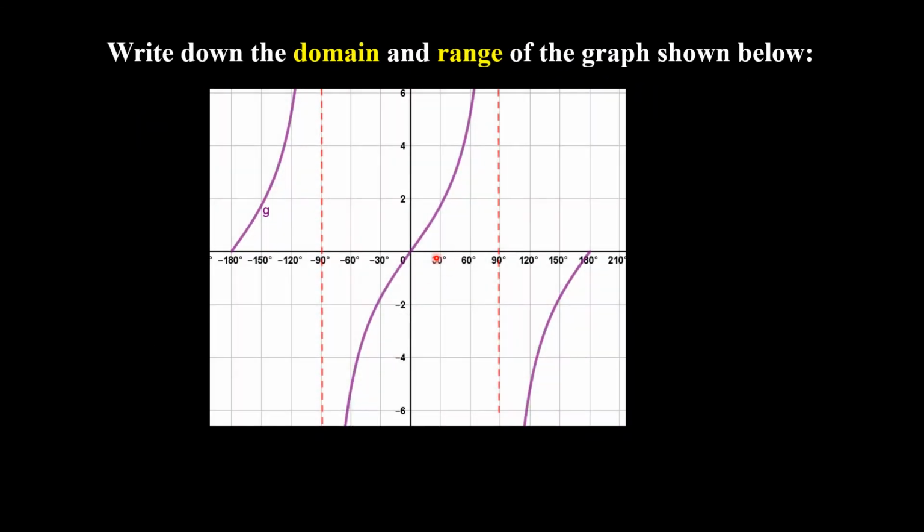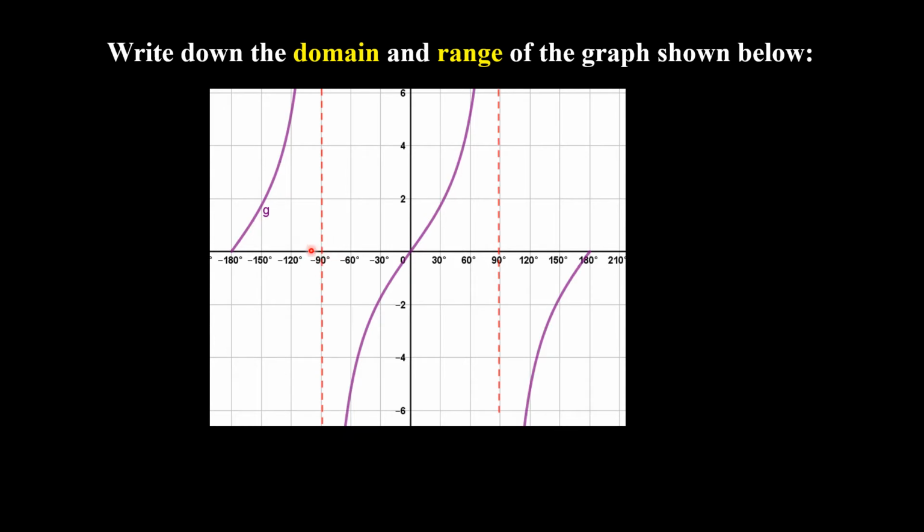We move on to another question, a tan graph here. Look at what the domain is. We find that it is starting from minus 180 to positive 180. But here we have two asymptotes. One is at minus 90 and the graph never touches this asymptote.